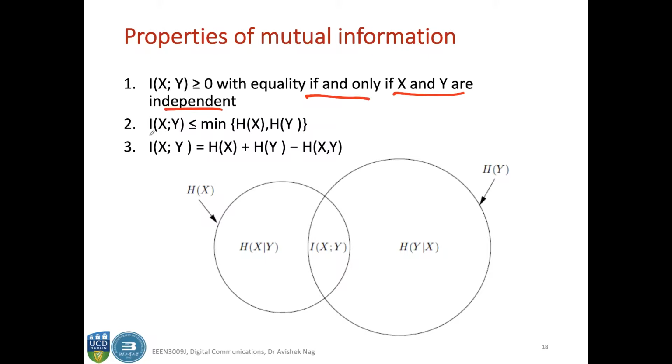Also, the mutual information is less than or equal to the minimum of H(X) or H(Y). And finally, the mutual information is equal to H(X) plus H(Y) minus H(X,Y).